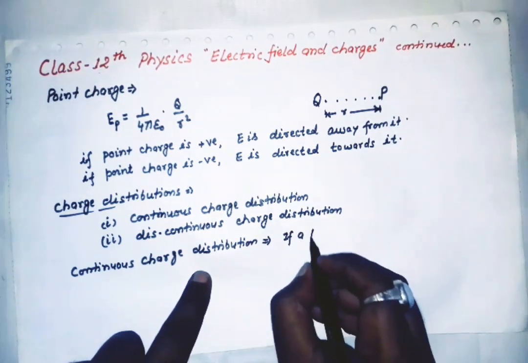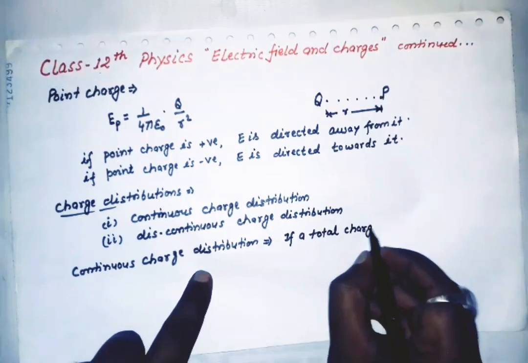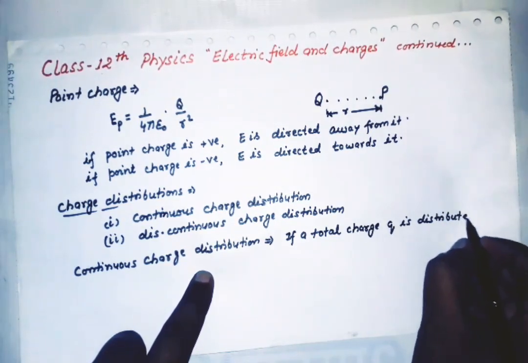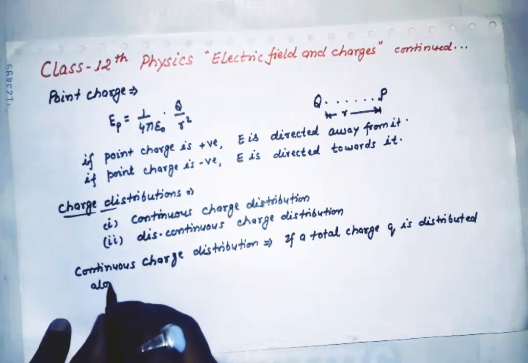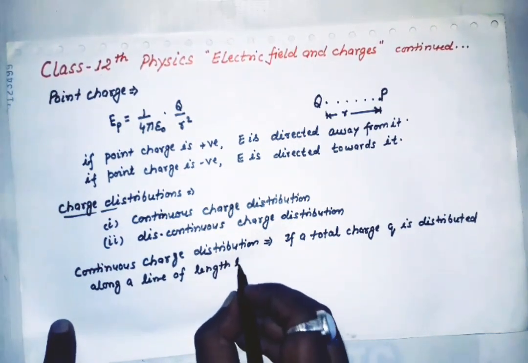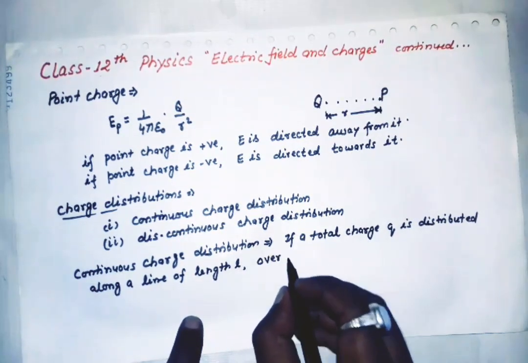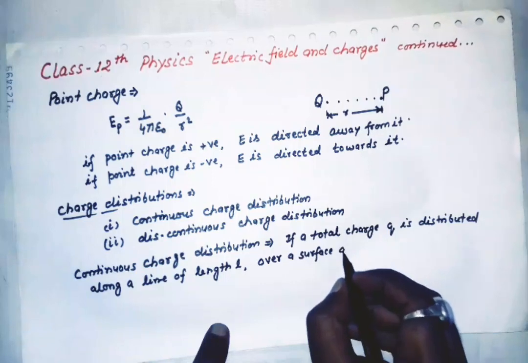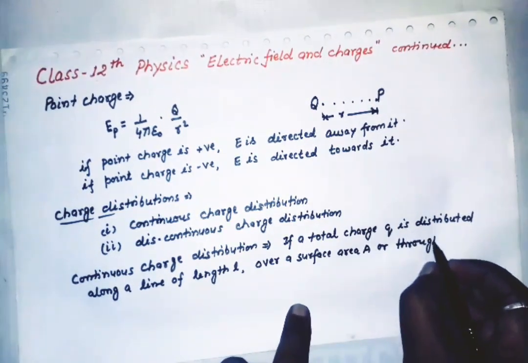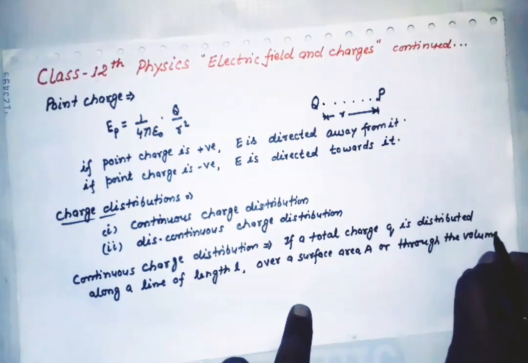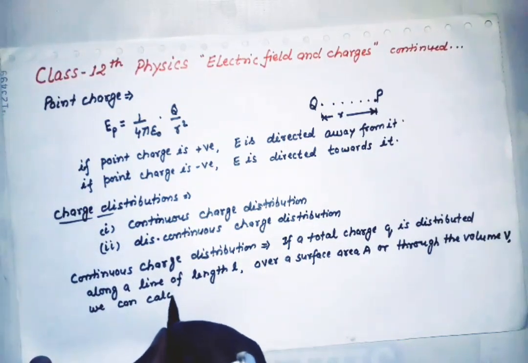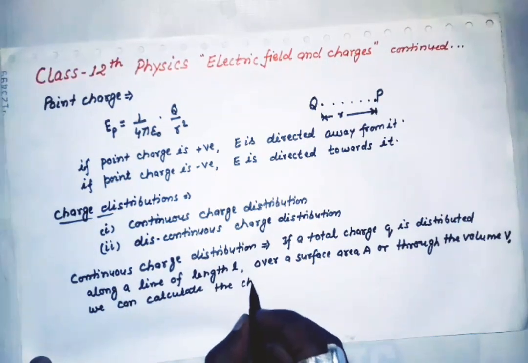So if a total charge Q is distributed along a line of length L, over a surface area A, or through the volume V, we can calculate the charge densities as follows.